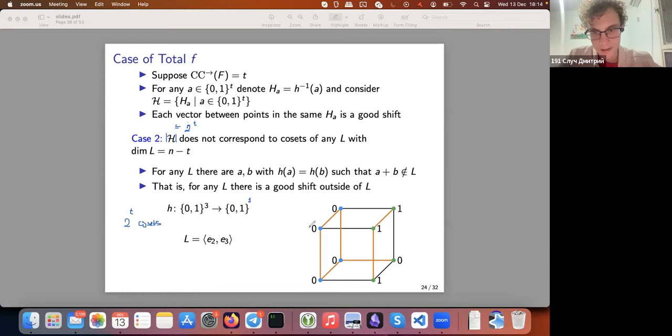Here I selected a subspace and drew it with points, but you can see that however we select the subspace, there will always be some edge outside of that subspace.